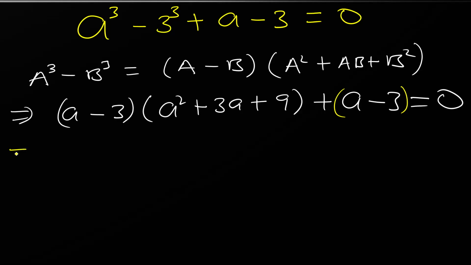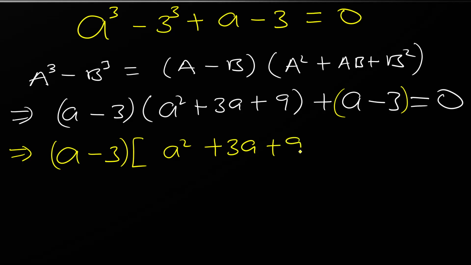So let's do that. A minus 3, and I will leave a squared plus 3a plus 9 plus 1, because after taking this out, 1 will be the only number left since I factorize a minus 3 out. As simple as that.